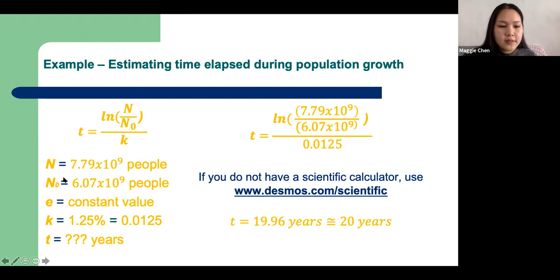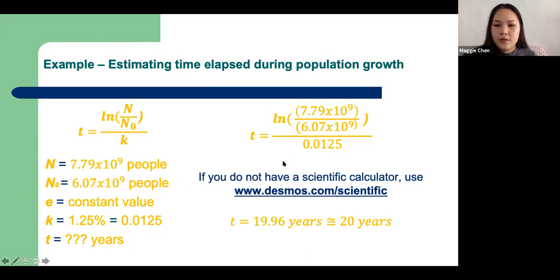So again, our variables are basically the same, but now we're looking for t, where N is equal to 7.79 times 10 to the 9 people, and N naught, our initial population size, is 6.07 times 10 to the 9 people. e again is that button on our calculator, a constant value, and our k we know is 1.25%, or rewritten as a decimal, is 0.0125.